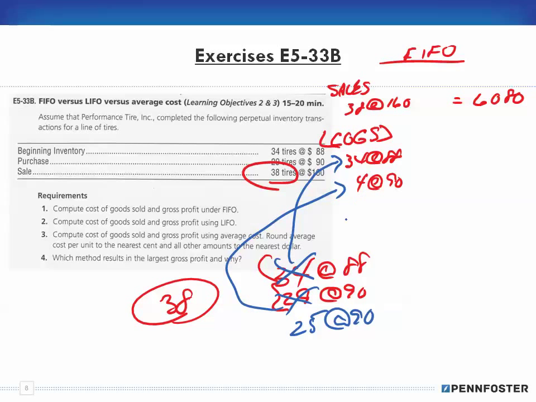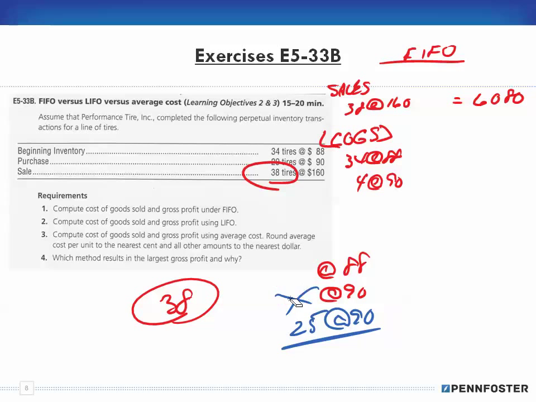But right now, we don't care what's still remaining in our inventory. What we're concerned with is what our cost of goods sold is. So let me go back over that real quick. We had a beginning inventory of 34, then we added 29.